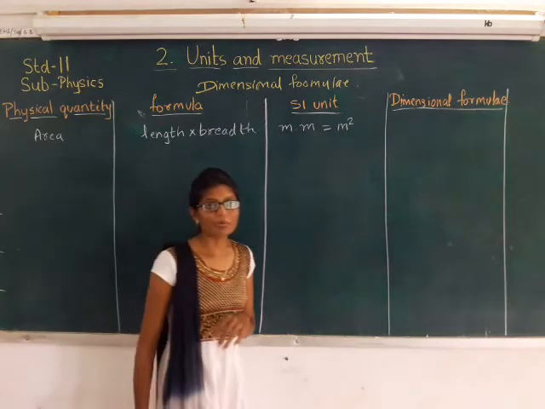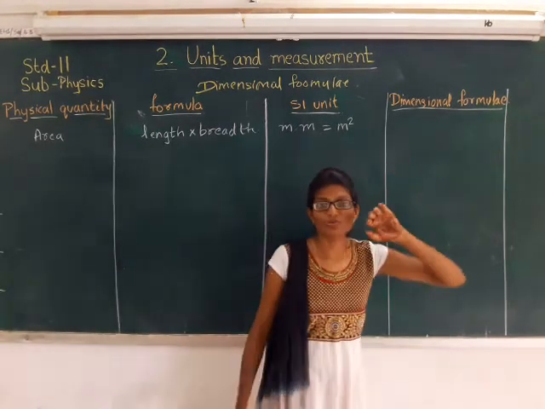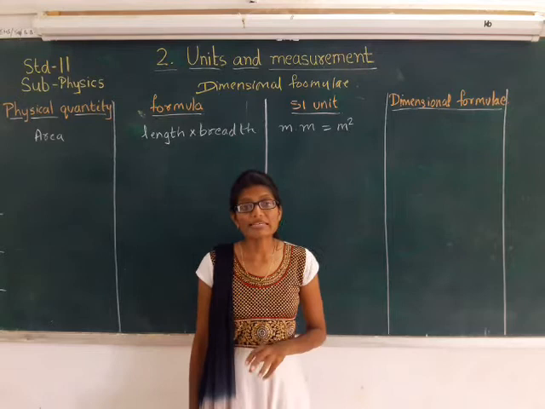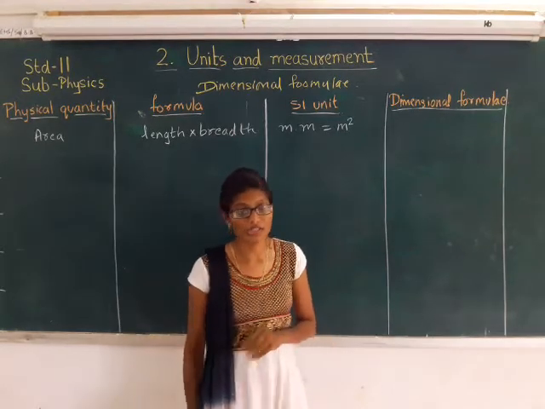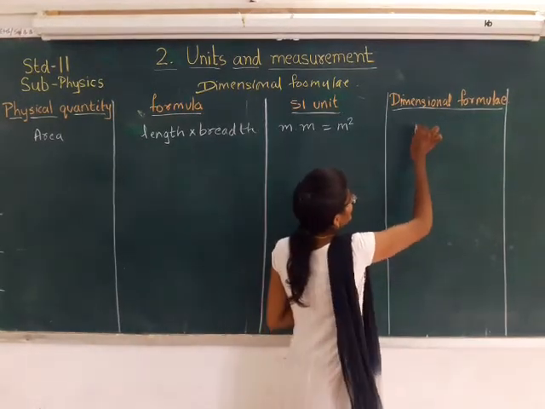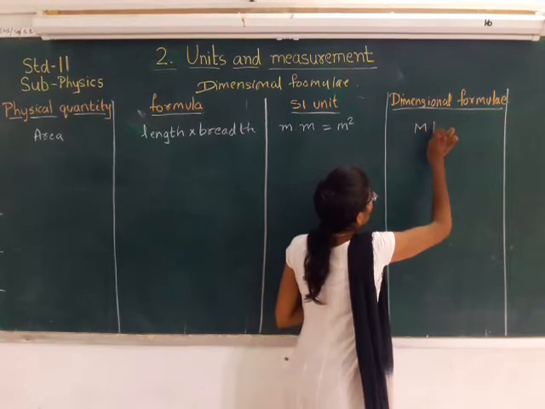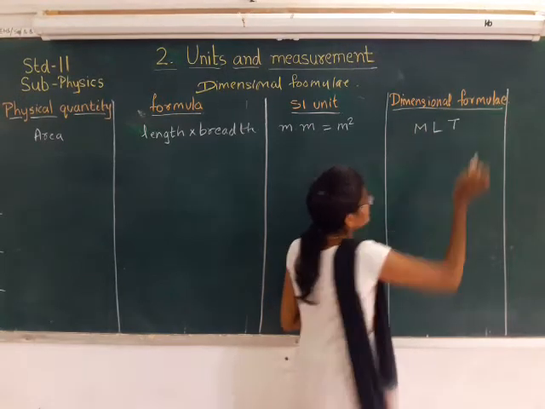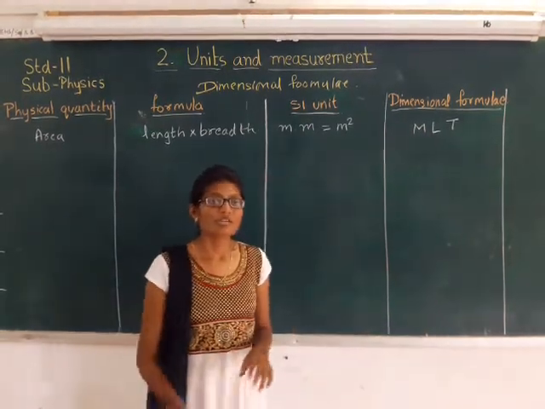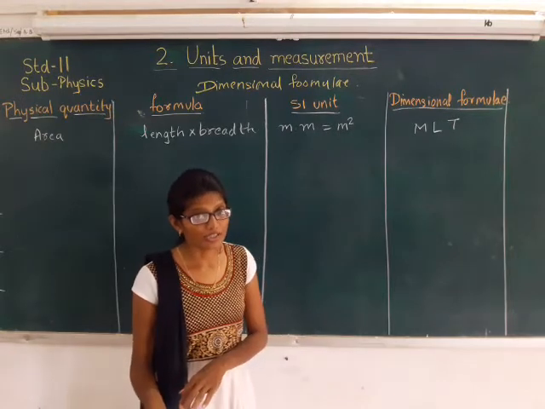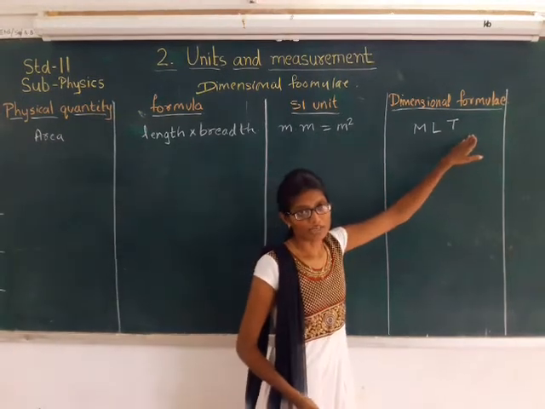You need to remember one thing: for the dimensional formula we basically use three fundamental physical quantities, that is M, L, T, right? And sometimes for the electrical physical quantities we use A over here.